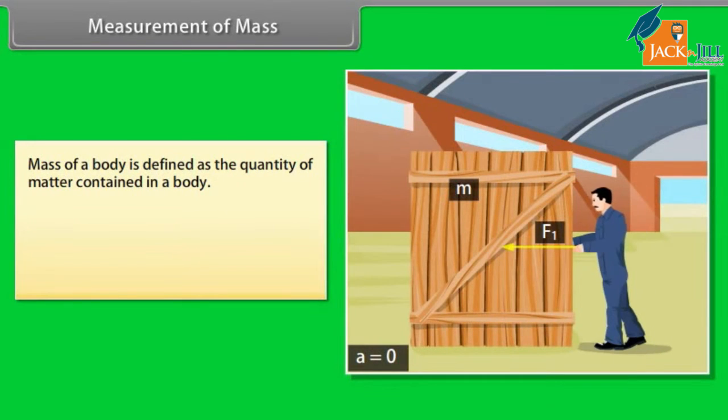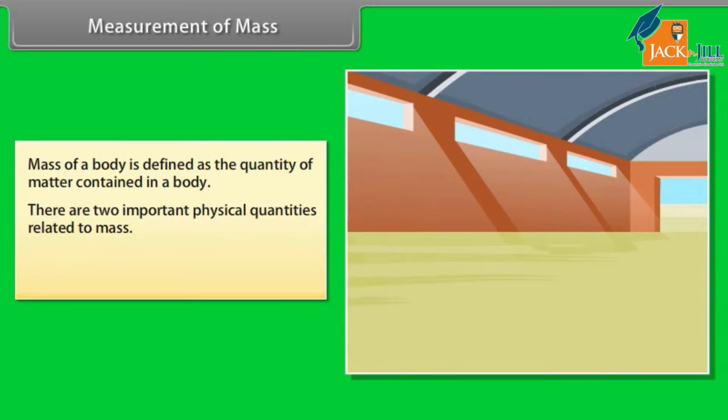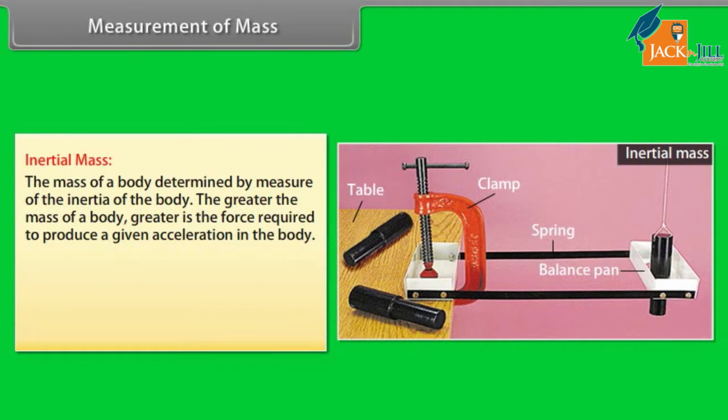Measurement of mass. Mass of a body is defined as the quantity of matter contained in a body. There are 2 important physical quantities related to mass of a body. These quantities are inertial mass and gravitational mass. Inertial mass: the mass of the body is determined by a measure of the inertia of the body.